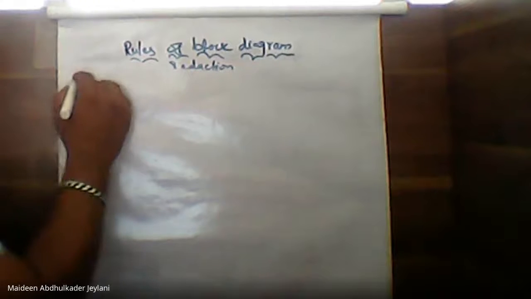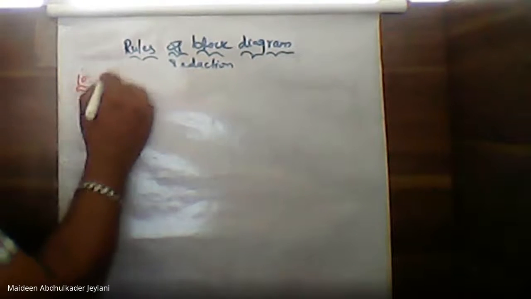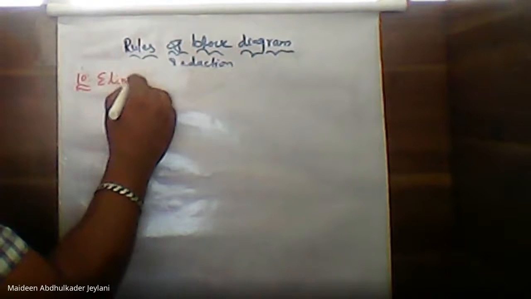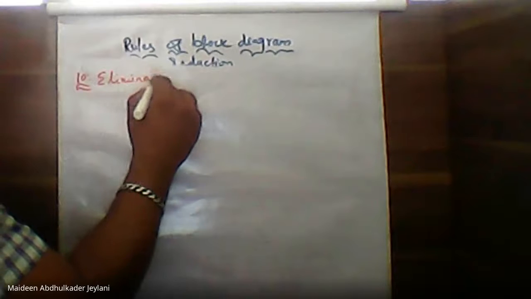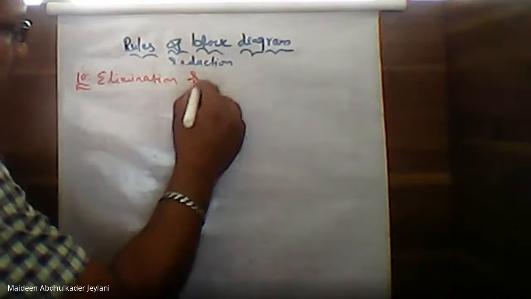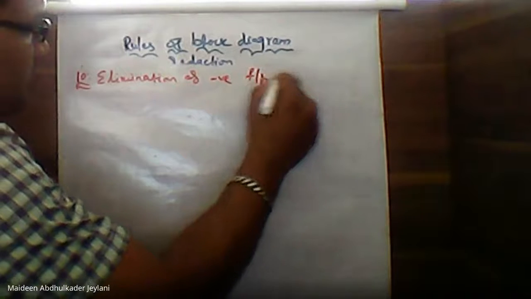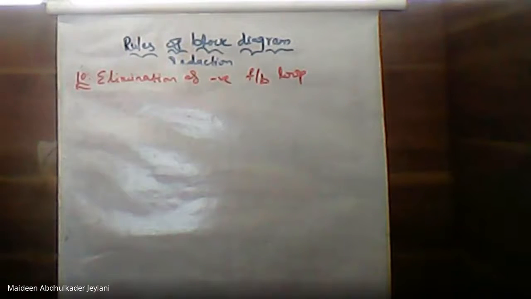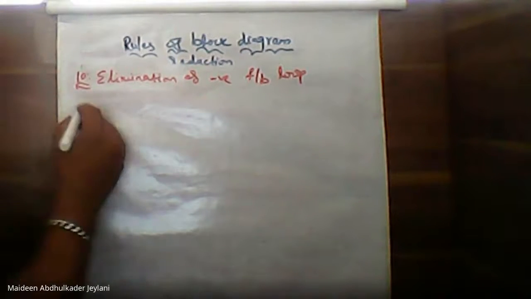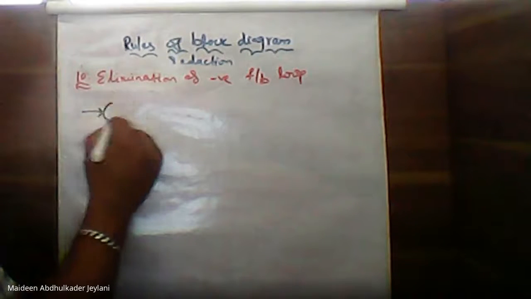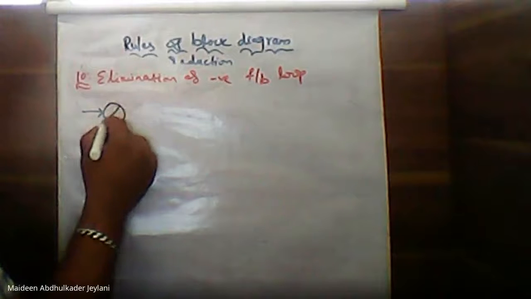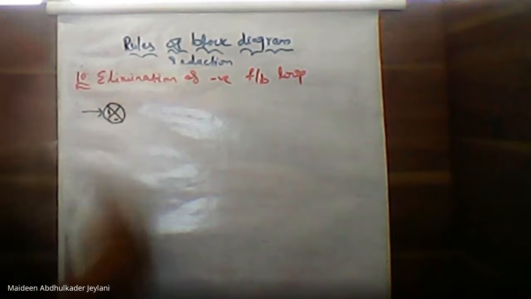Elimination of negative feedback loop. Rule number 10. Okay, say for example, you have plus and minus.